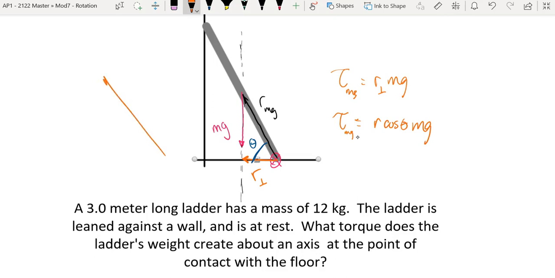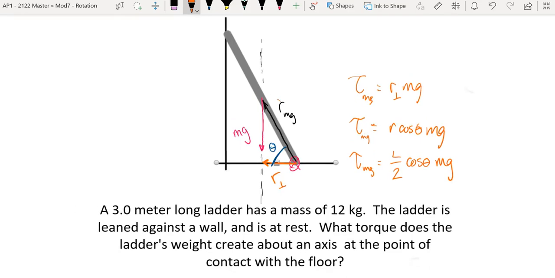We got R like this, there's the component we're looking for, there's the angle, that's adjacent to the angle, so that uses cosine. And just so we're sure, the vector R is still this whole thing. That would be half the ladder's length. That's how long this vector is, times cosine. We could change the order, but I'll just leave it like this: L over 2 cos theta times mg.